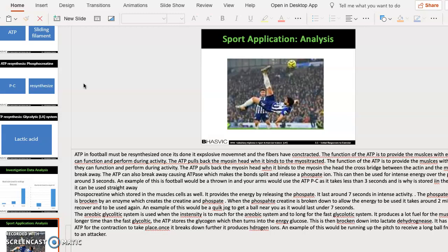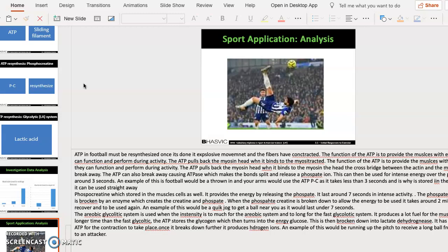The aerobic glycolytic system is used when the intensity is too much for the aerobic system and too long for the fast glycolytic system. It produces a lot of fuel for the muscles over a longer time than the fast glycolytic system. The ATP stores glycogen, which then turns into energy by using glucose.